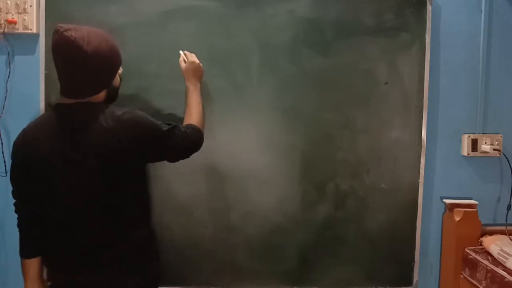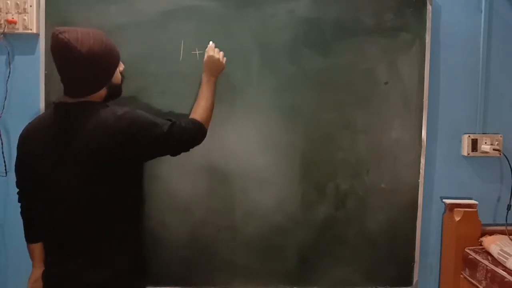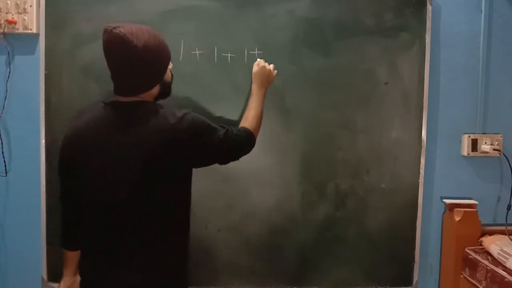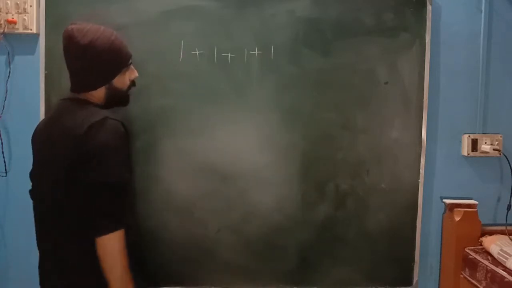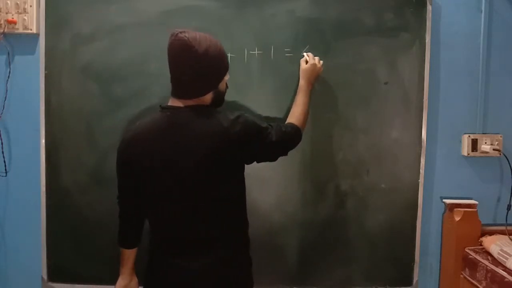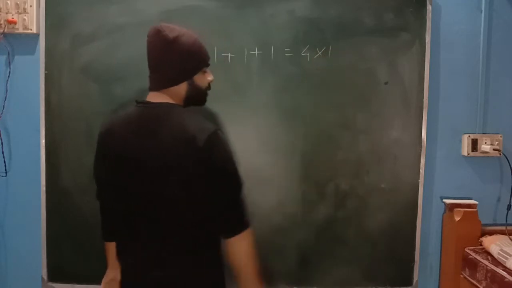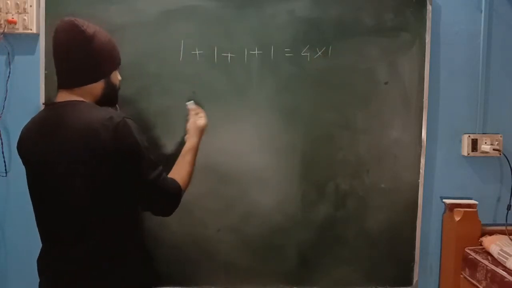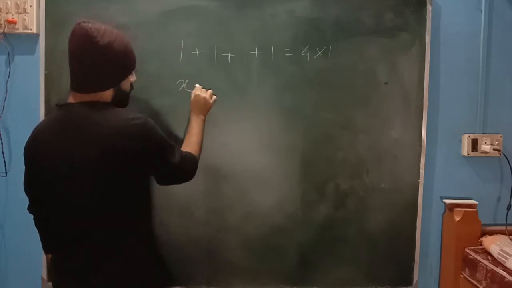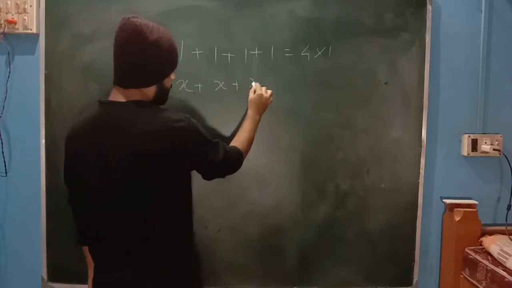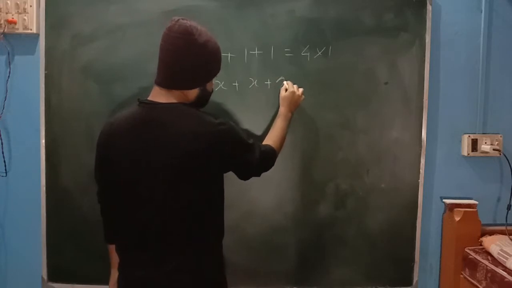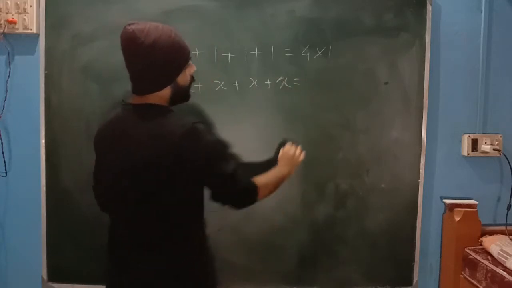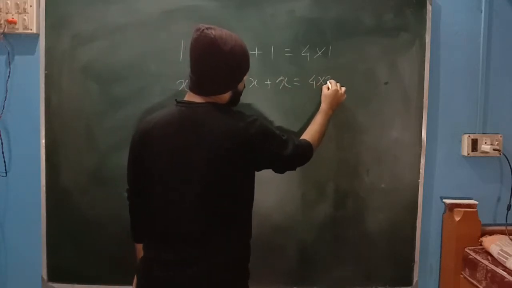If I have 1 plus 1 plus 1 plus 1, we can simply write this as 4 into 1, right? Or if we take an example from algebra notation, x plus x plus x plus x, we can simply call it 4 multiplied by x.